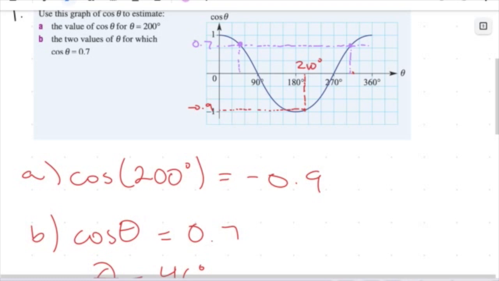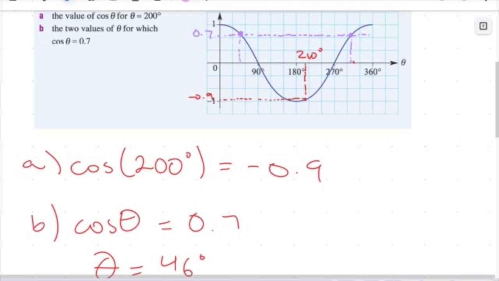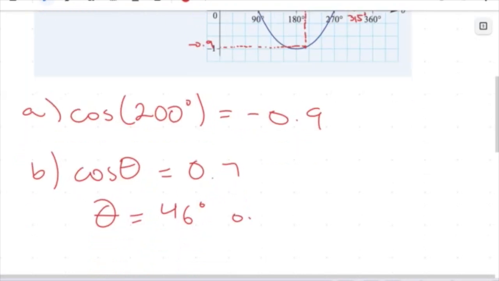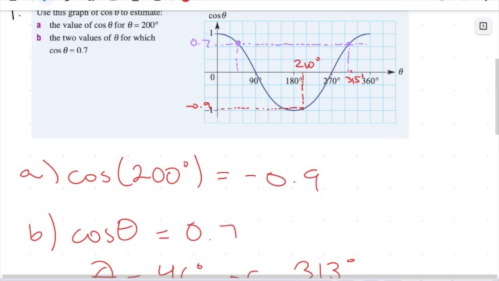So this one here, just slightly to the left of 315 degrees, let's say that's approximately 313 degrees. So all we are doing is just navigating an XY plane like we did a while back from when you first got introduced to this back in year 7. But now we're looking at different types of inputs and outputs.